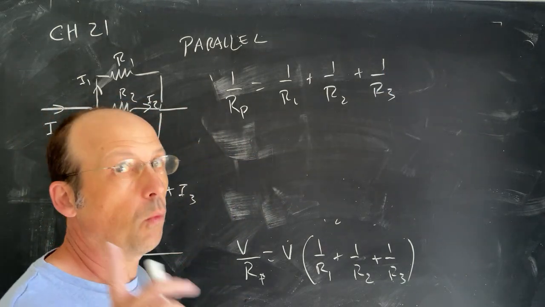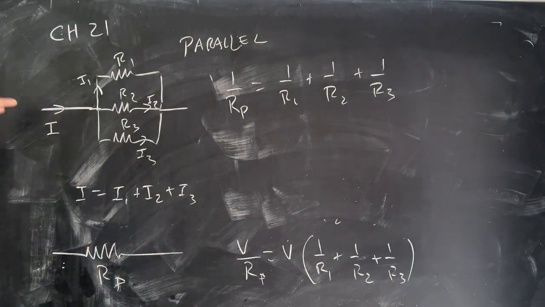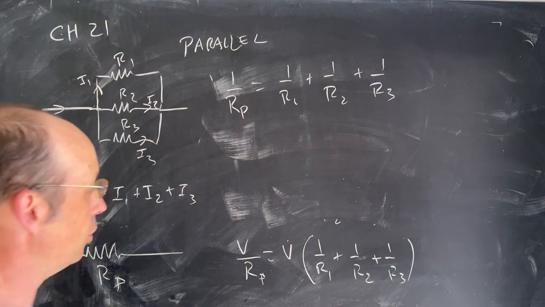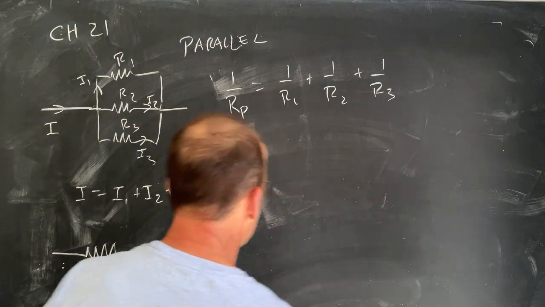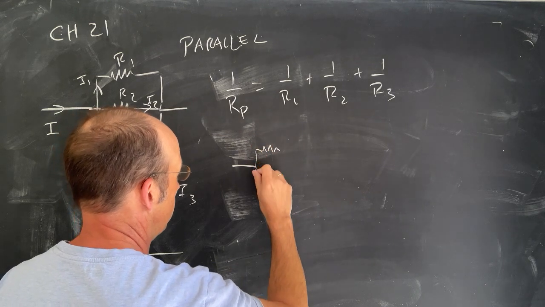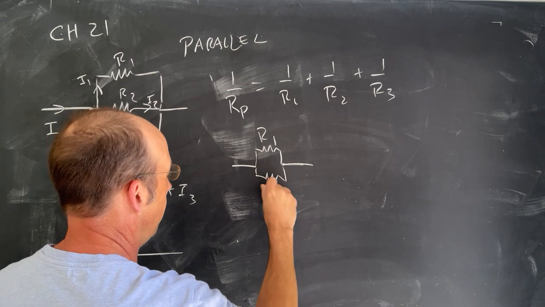And I do want to show, in one particular case, there is a current divider, same idea. The ratio of currents going through each one depends on the resistances, but I want to show you something else. Suppose I just have two resistors in parallel, R1 and R2.